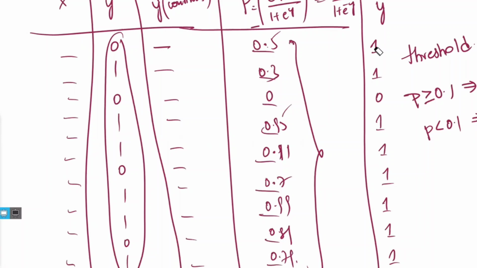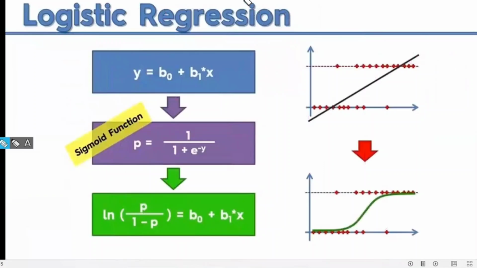Probability is nothing but a continuous variable, so that is the reason it is called logistic regression. Actually, it is predicting the probability only. Later, it is converted; logistic regression by default does not convert that. Later it is converted with the discretization technique. Is that clear?